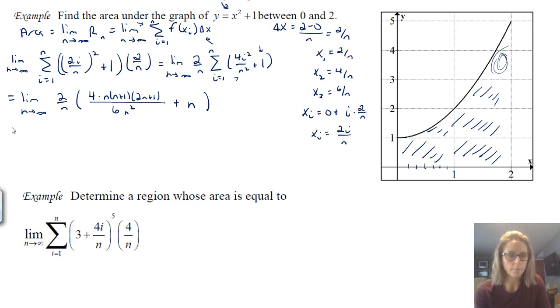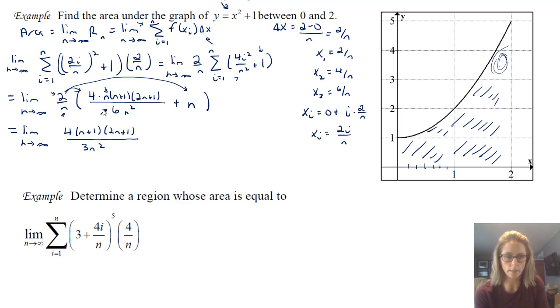Okay, so now when we multiply this out, limit as n goes to infinity, I want you to notice that I'll have 4 times n plus 1 times 2n plus 1 over 3n squared. So my n here simplifies with my n here, and this 2 I'm going to simplify with this 6.